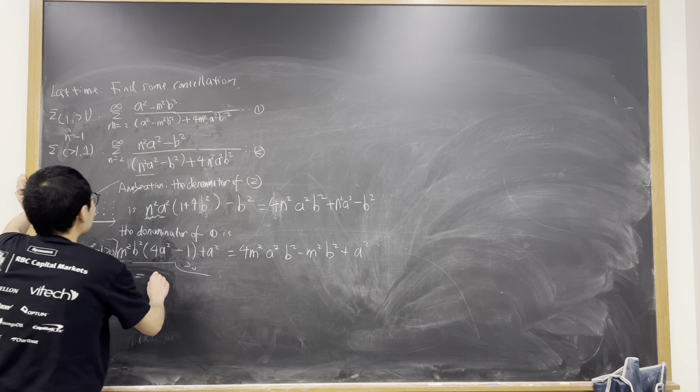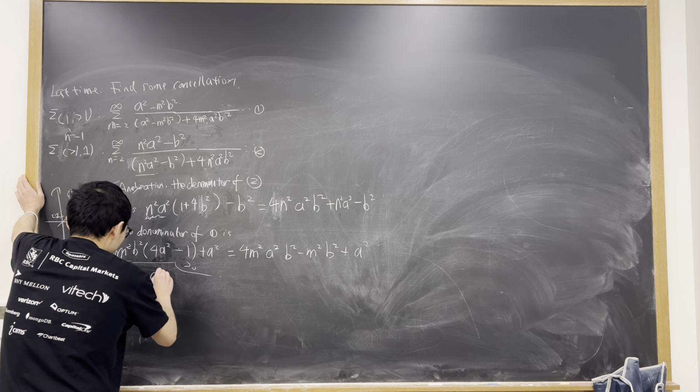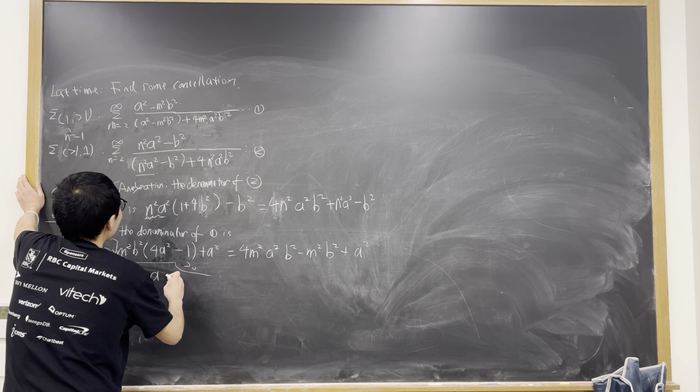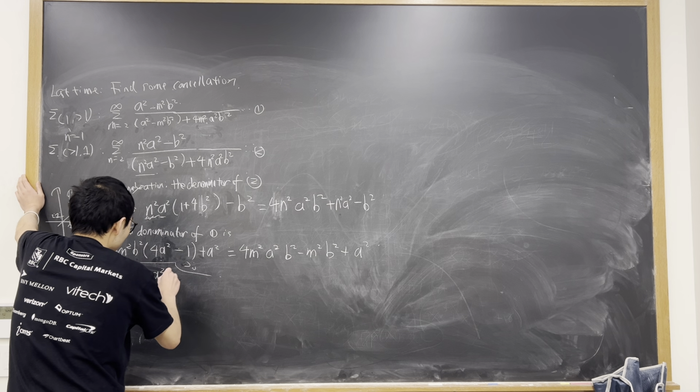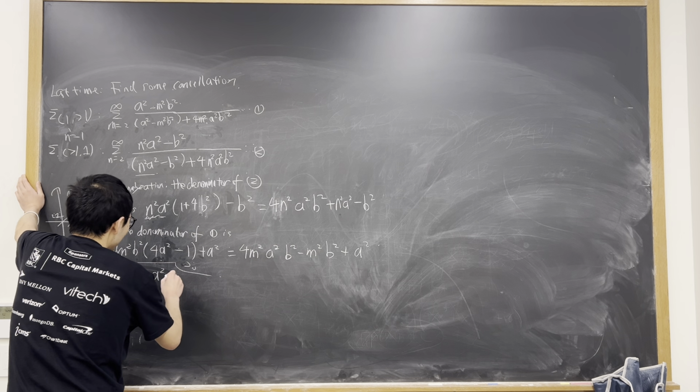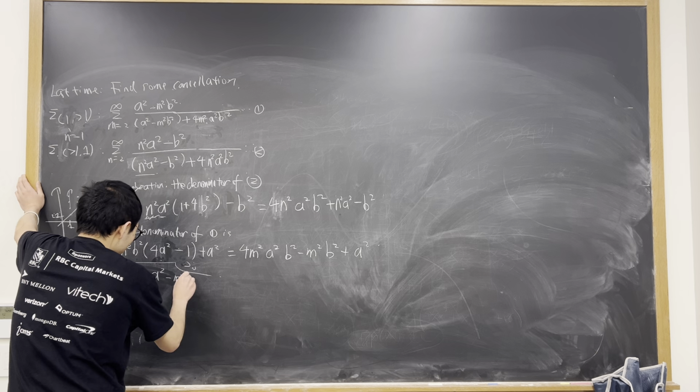Then what I have is that these two will be equal to a squared minus n squared.